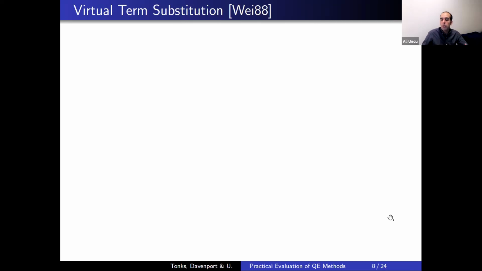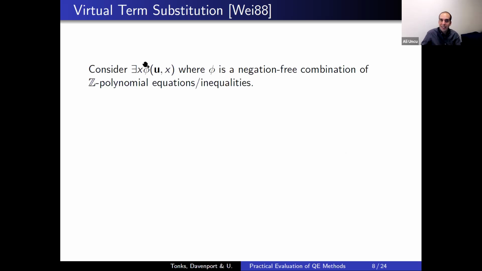Okay, now another quantifier elimination technique that we mentioned, the virtual term substitution. And for that, as we said, that is for existential quantifiers. So if you start with an existential quantifier and a Tarski formula, so there is an x and all of these constraints in variables u, however many variables in u there are, and x. Say that it is a negation-free combination of integral polynomial equations and inequalities.